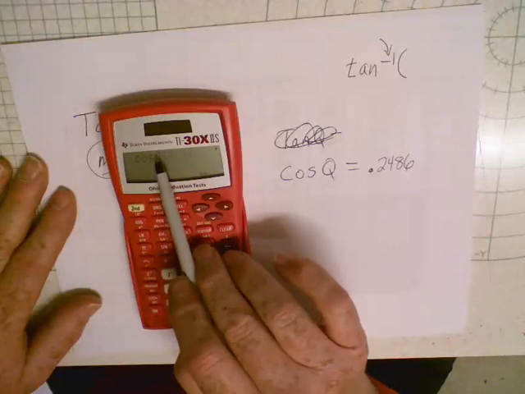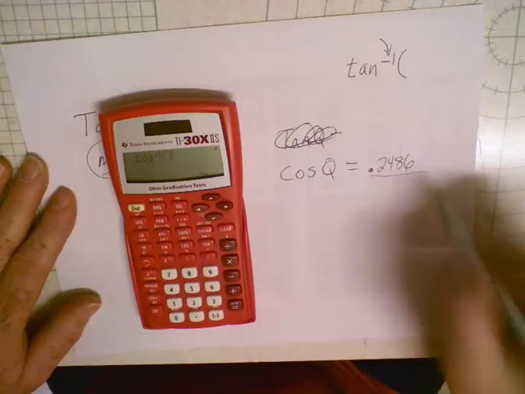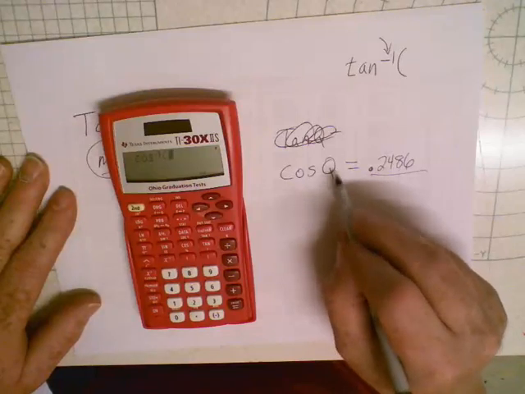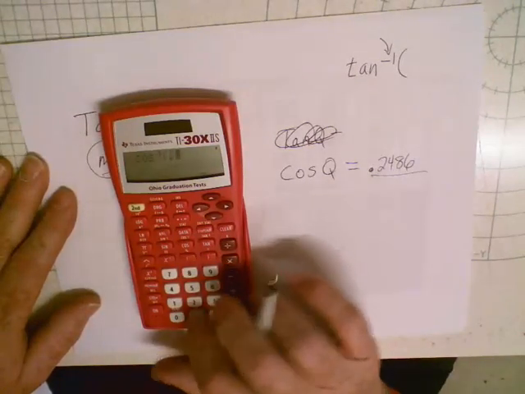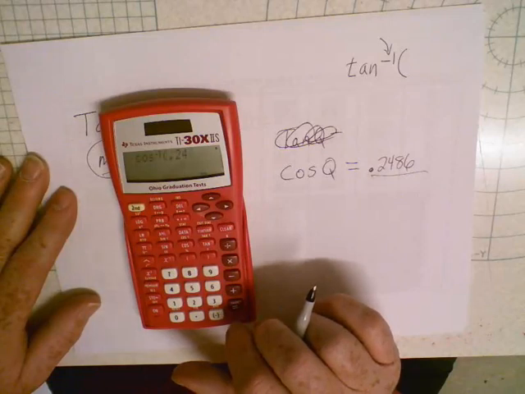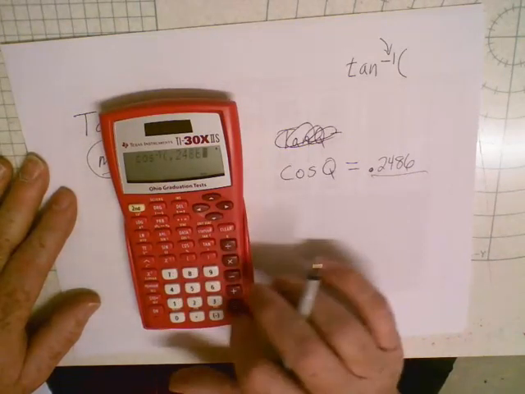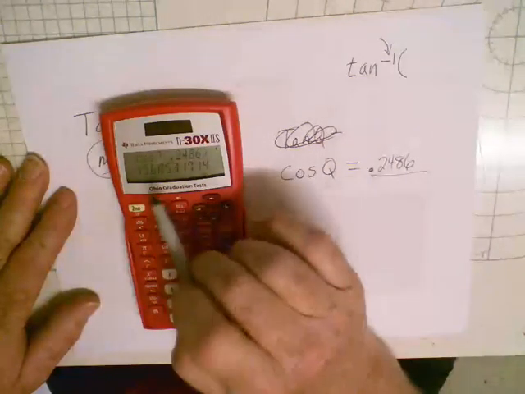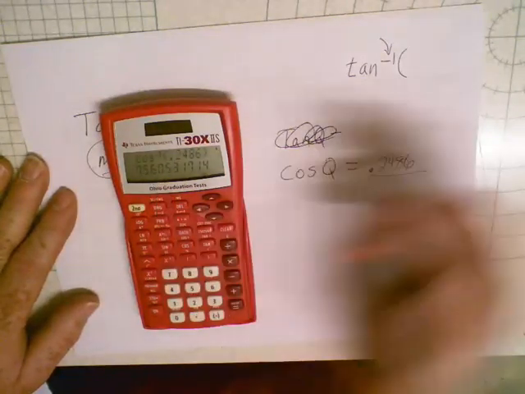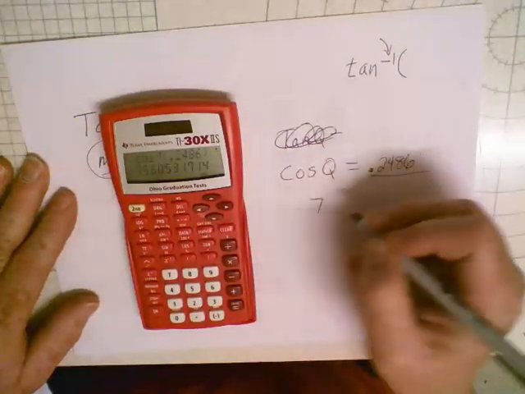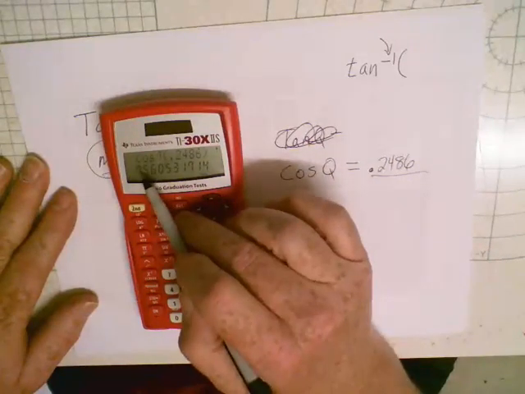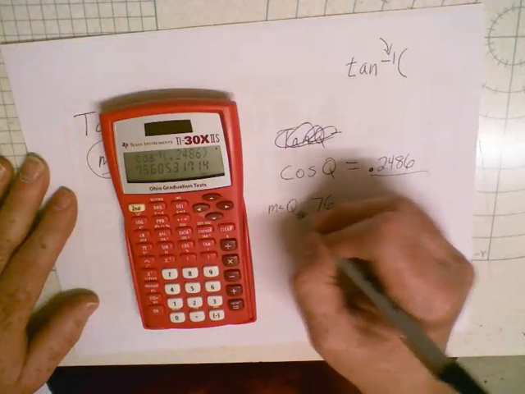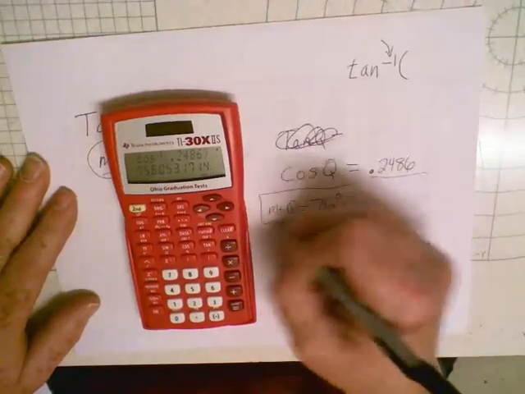It pulls up cosine -1. I put in this number, and the calculator is going to tell us what the measure of that angle Q is. So 0.2486. And it says 75.6. I'll be okay with just rounding that to the nearest degree. So we'll say angle Q, the measure of angle Q, is about 76 degrees.